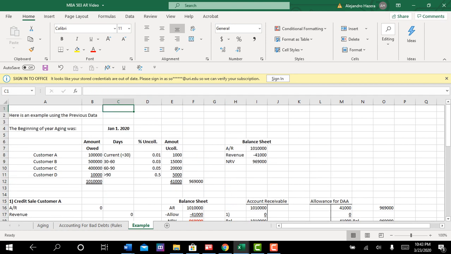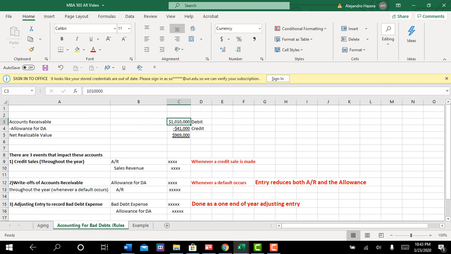And I said that you have 3 types of entries to these accounts. Just to review, they are credit sales, which are typical credit sales and happen every day of the year probably. Account write-offs, where you debit allowance for doubtful accounts and credit accounts receivable. This entry will reduce both accounts receivable and the allowance.